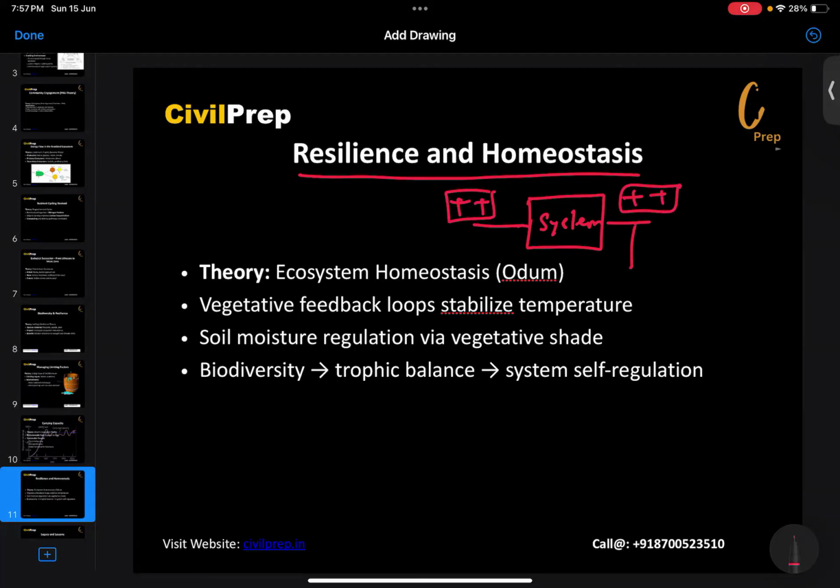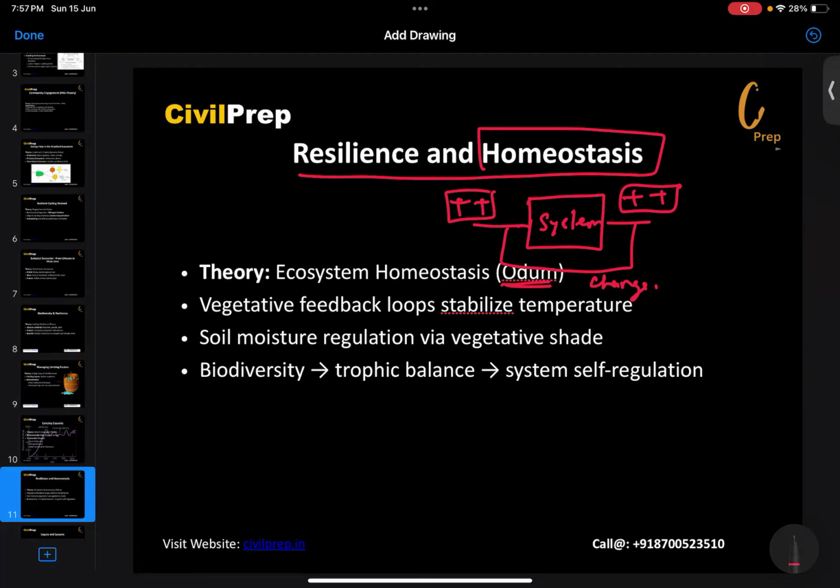But the system does not want to change itself. Therefore, the system adapts to the changing condition so that it does not need to change the components of the system. This helps in maintaining the balance in the system, and this particular concept is called homeostasis. This homeostasis model or theory was also given by Odum.